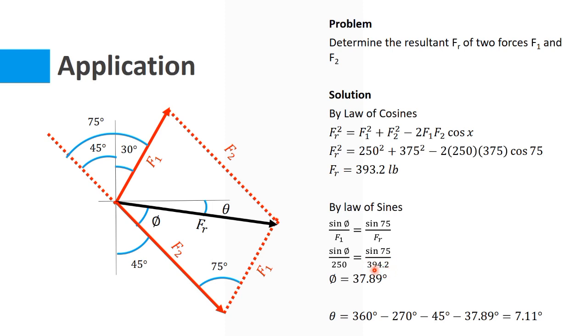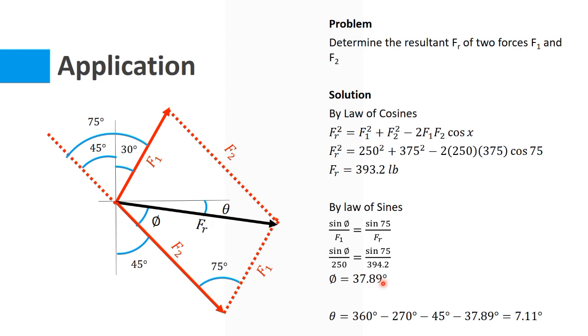By doing the simple mathematics, we find that phi is equal to 37.89 degrees.